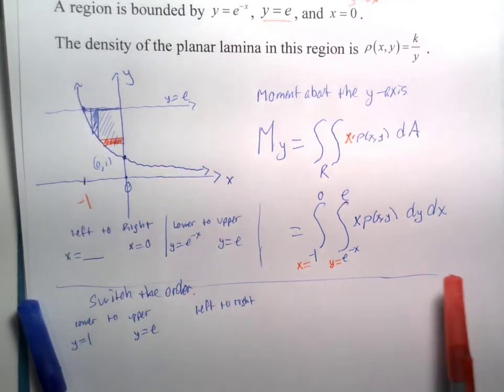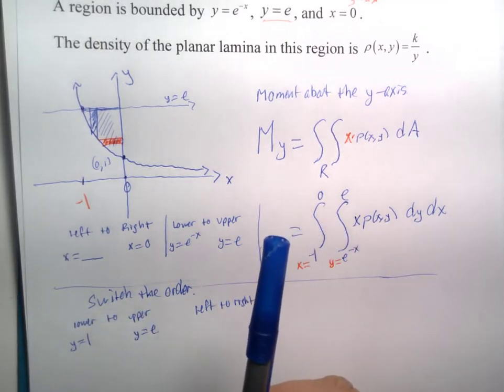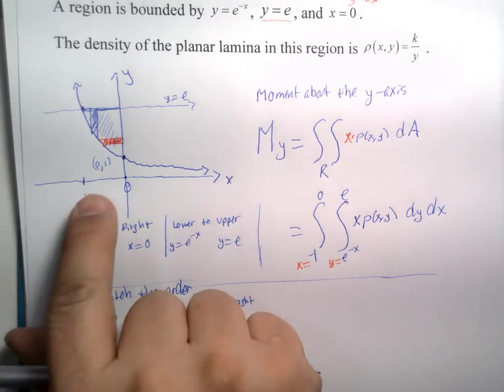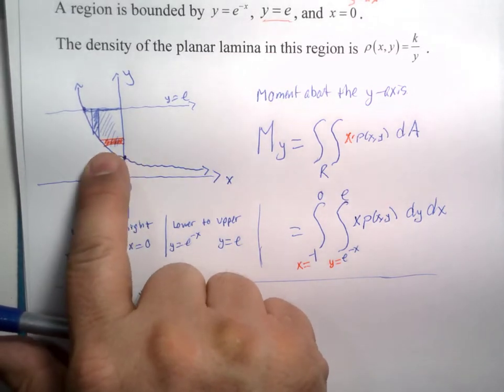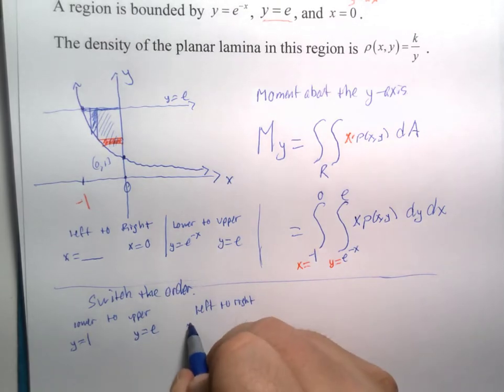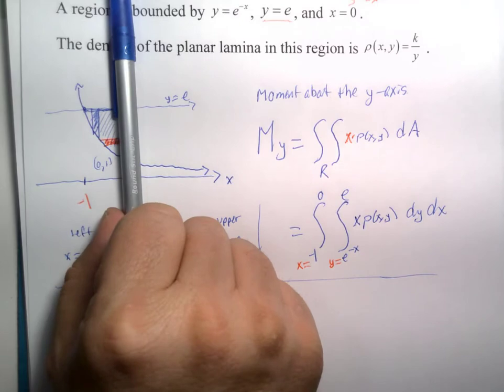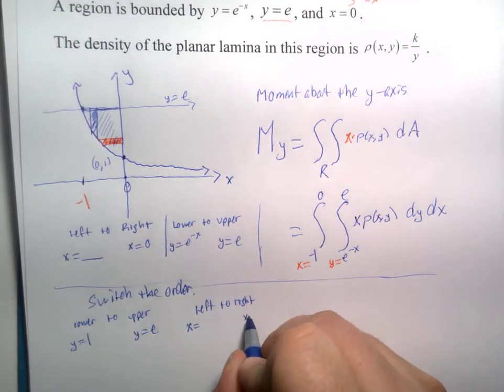It's kind of a rush order project, or you could say I'm being efficient with my space and time. From left to right, well, the left boundary is that curve, but I have to solve it for x equals. But the right boundary is the y-axis, and its equation I know, it's x equals 0.